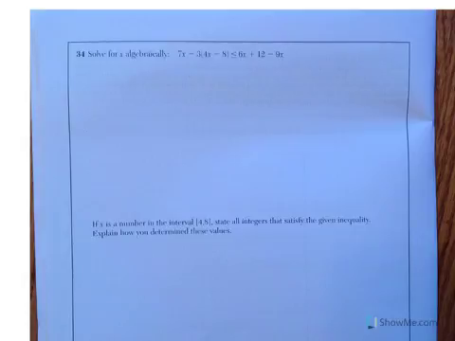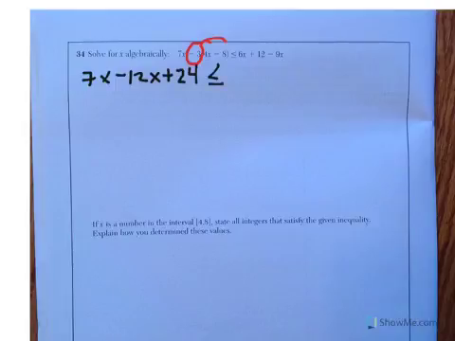Number 34, solve for x algebraically. So we have 7x minus 3 times 4x minus 8 is less than or equal to 6x plus 12 minus 9x. Well, the first thing I'm going to do is take this negative 3 and distribute it to every term inside the parentheses. So I'll start with writing 7x minus 12x plus 24 is less than or equal to.